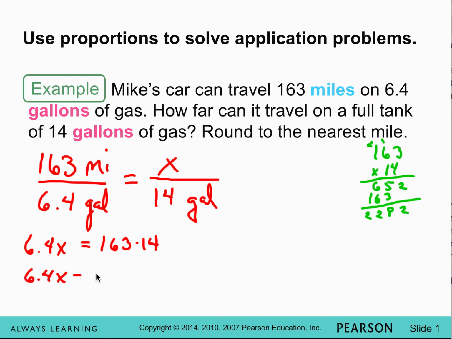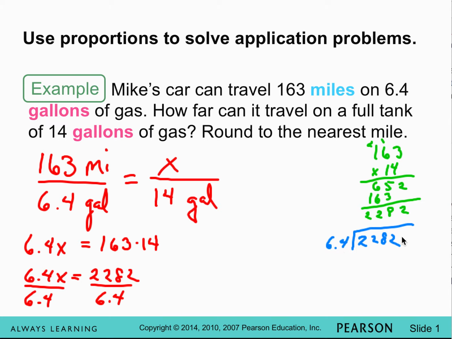Okay, so now I have 6.4x equals 2,282. Divide by 6.4. So I'm going to come over to the side and say divided by 6.4. I've got to move that decimal one place.